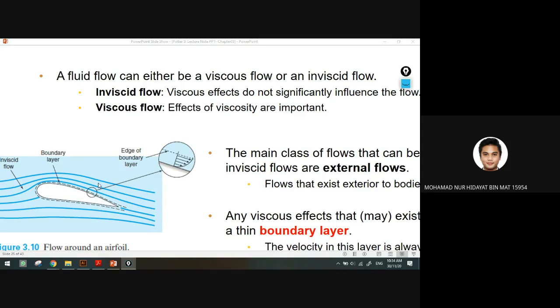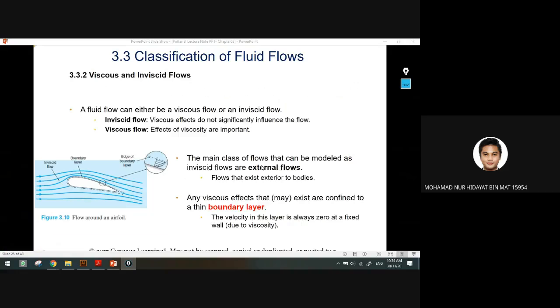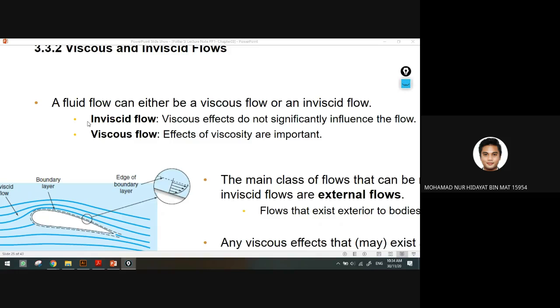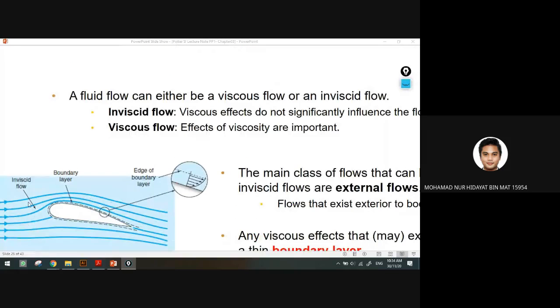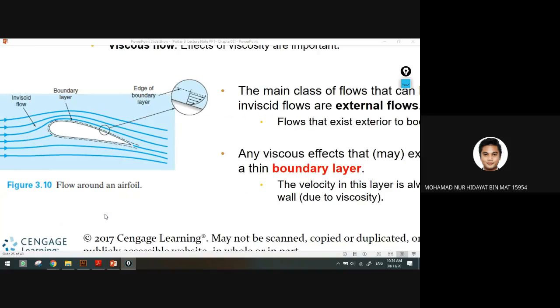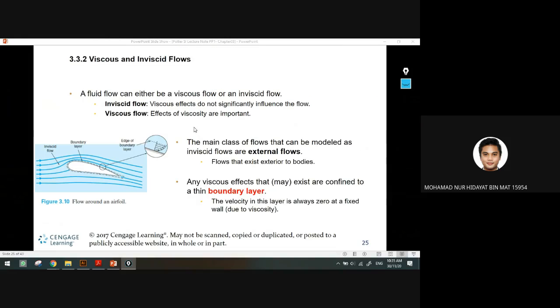Outside the boundary layer, we call it the external flow. Please remember, when the flow is outside the boundary layer, it is inviscid flow. You can see here, inviscid flow. The significance of viscosity is very small. However, when the flow is internal flow inside the boundary layer, the viscous effect is significant.